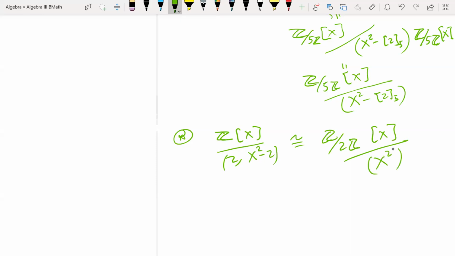This right-hand side ring is not reduced because x is non-zero, but its square lies in the ideal below, so the class of the square is actually 0. So it has a non-zero nilpotent and hence is not reduced. But this other ring we will see is an integral domain. That requires some checking, but we'll do that later.